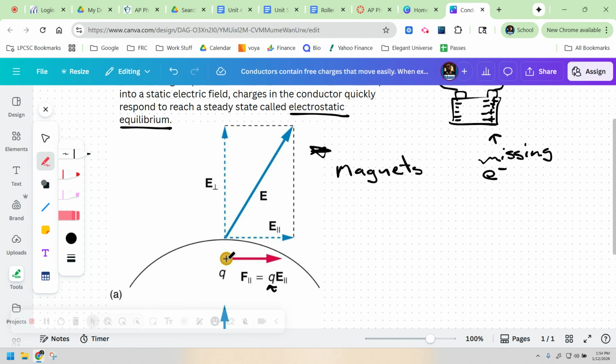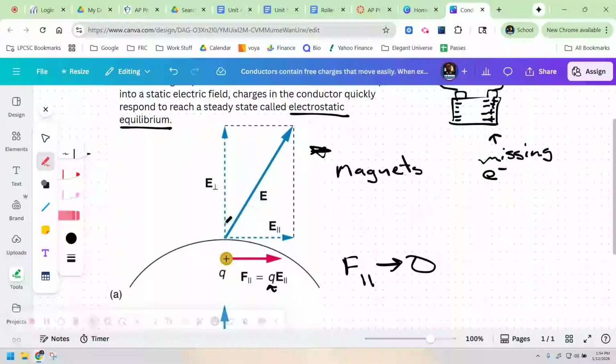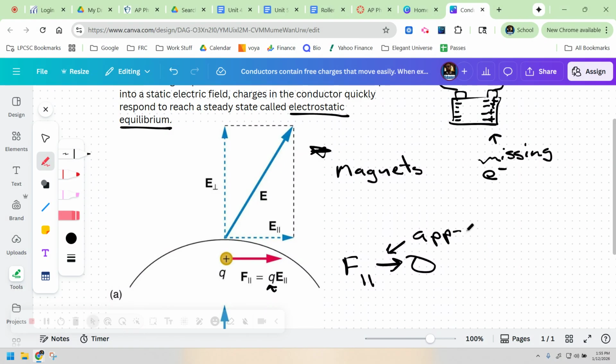But the parallel component exerts a force on the free charge, which moves the charge until F parallel approaches 0. You guys know that when I write it this way, this little arrow means approaches? Just double check it.